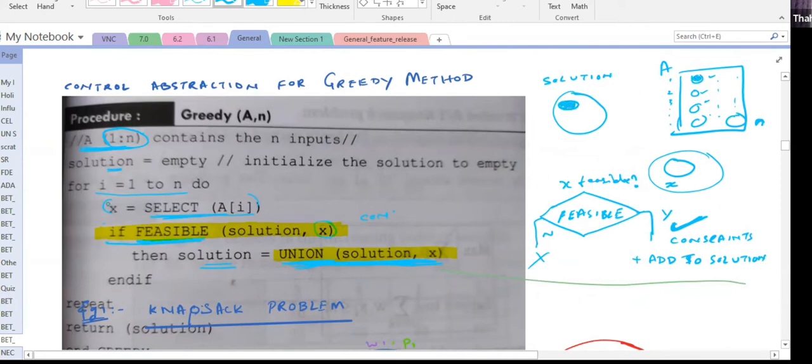Similarly, this is a loop. It will keep doing. That means next, I choose my second element. Same thing I have to do. This becomes my x. Is x a feasible solution? Now, suppose x is not feasible. Then you drop it. You don't add to the solution. Then you check your next element. So that becomes your x. You are checking, is x feasible? Suppose x was feasible. You go ahead and add to the solution.